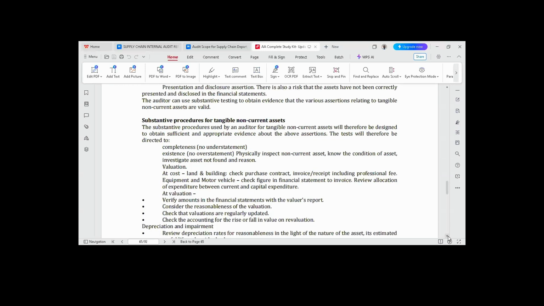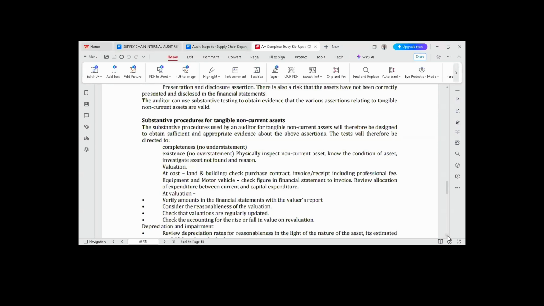Then they are going to look at assets, because you are looking at non-current assets. So you're talking about valuation. At valuation, you'll be verifying amounts in financial statements with the valuer's report to be sure that they have carried out a valuation.